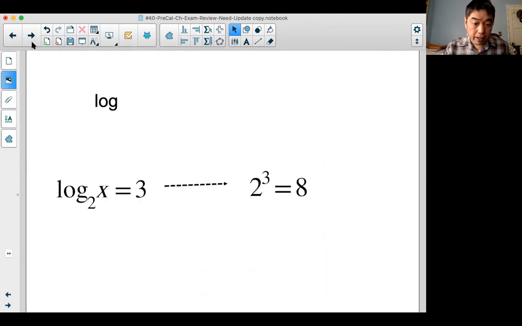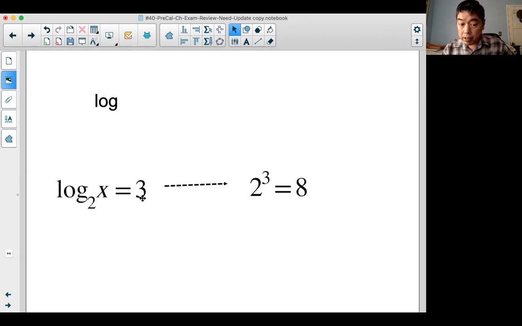The other thing is the log function, log expressions. If you can convert a log expression to an exponent, that would be no problem. For this case, log base 2 of x equals 3, so 2 to the third power equals x, so x equals 8.